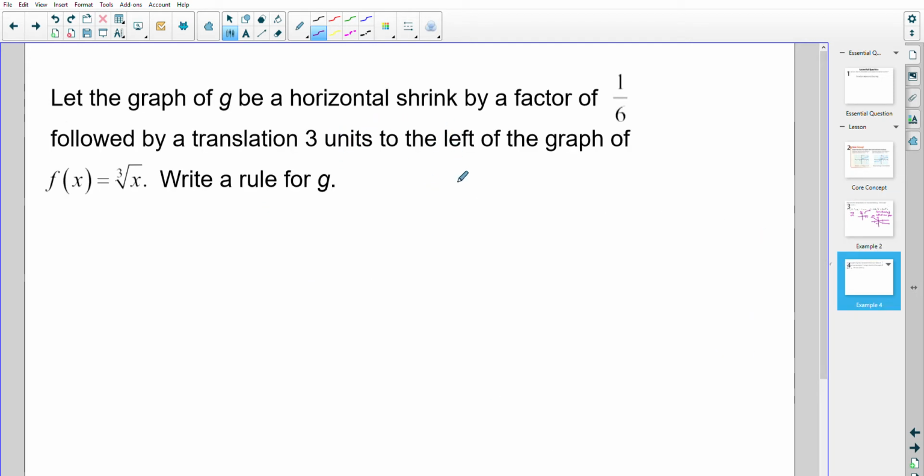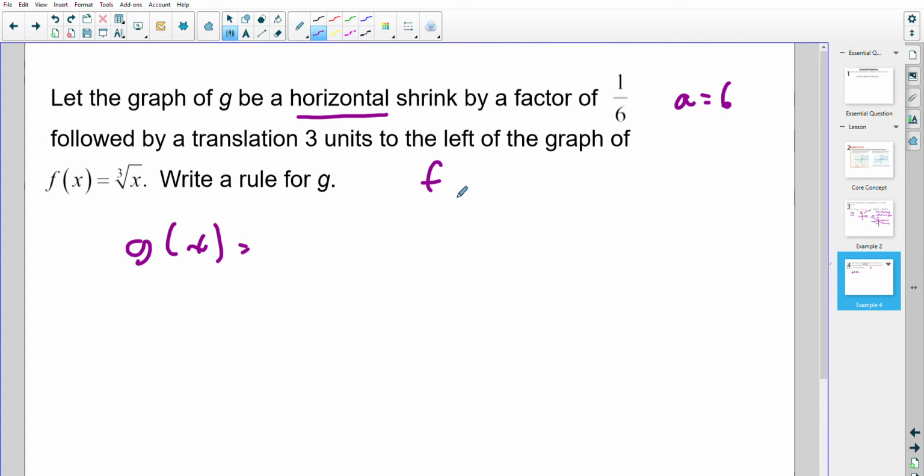All right, the last problem, let the graph of G be a horizontal shrink by a factor of 1/6. So that means that your A is going to be equal to 6 because it's horizontal. So one you have to be careful with, followed by a translation of 3 units to the left of the graph. So here's your f of x. We're going to write g of x equals, and I could do a couple things here.